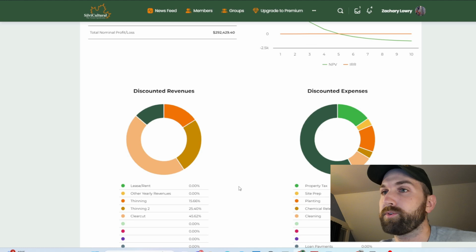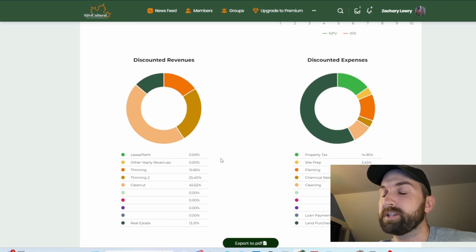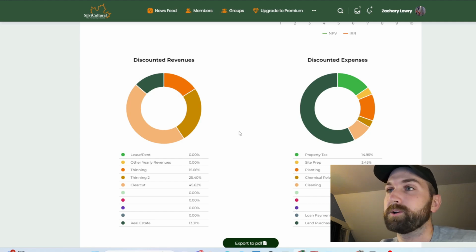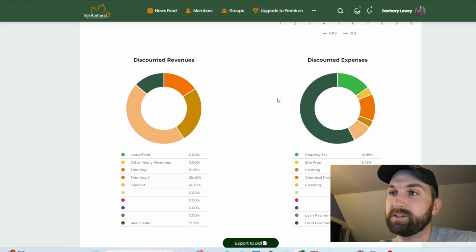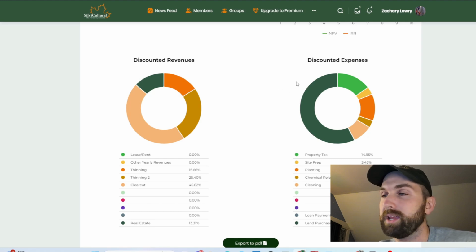But then if we scroll down further, we can see these graphs that give us a breakdown of the discounted revenues and expenses and how they fit into the overall net present value. So I think the most pertinent here is going to be the discounted expenses. So obviously, relative to most other forest investments, we had a lot of upfront expenses. But as we can see, they still were a minority of the overall discounted expenses.